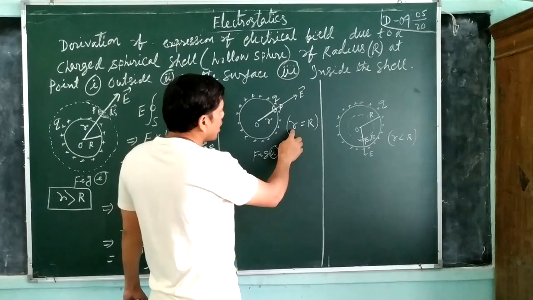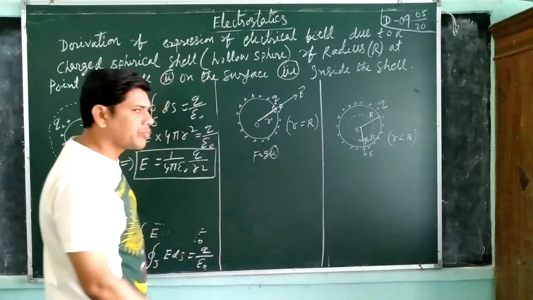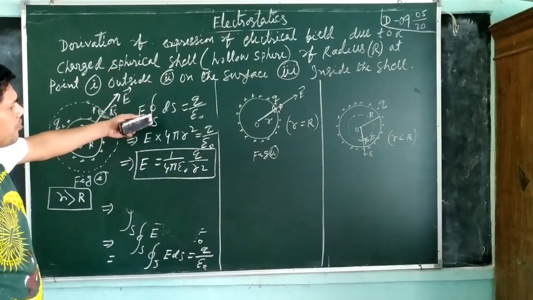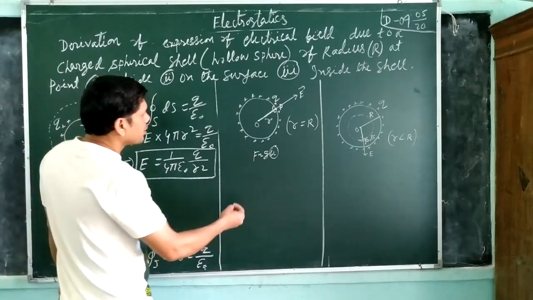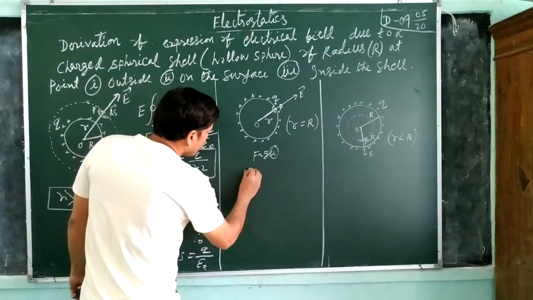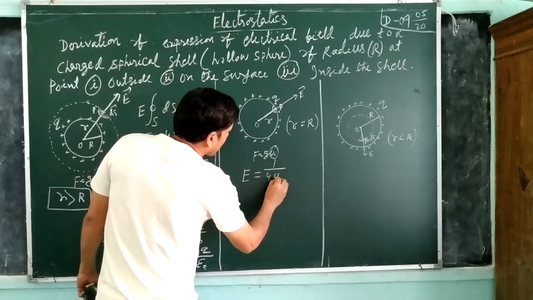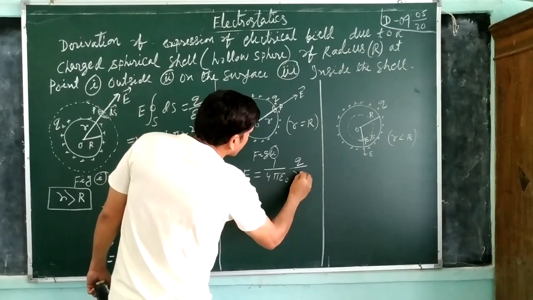It means small r equals capital R. So by applying Gauss's theorem and proceeding in this way, we can find that E equals 1 by 4 pi epsilon naught, Q by small r square.